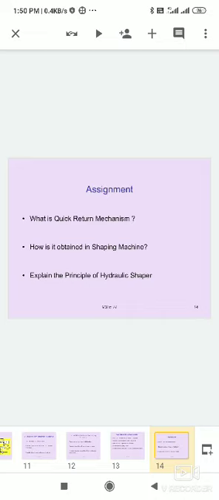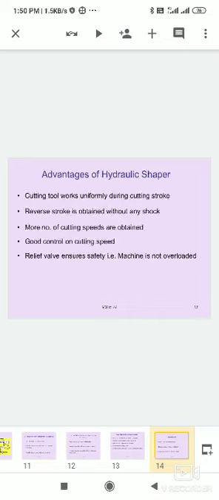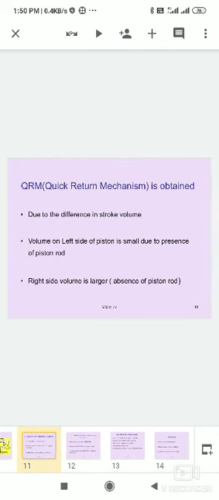shaper machine. In the shaper machine, with the movement of the piston, the ram moves forward, and the oil in the left side of the cylinder goes back to the tank. At the end of the forward stroke, one end of the dog hits the controlling lever, which causes the valves to change their positions.